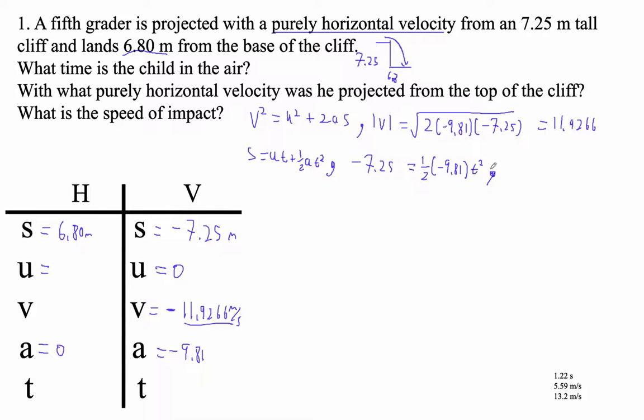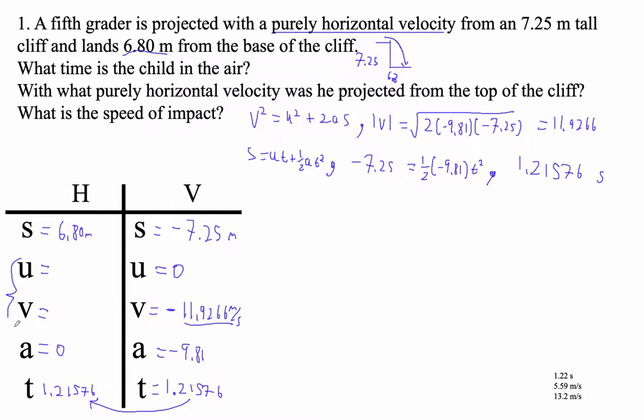It's going to be the square root of 2 times 7.25 divided by 9.81. That's 1.21576 approximately seconds. Obviously, these digits aren't significant. I'm just writing down a ridiculous number.